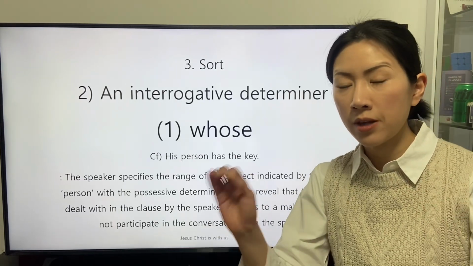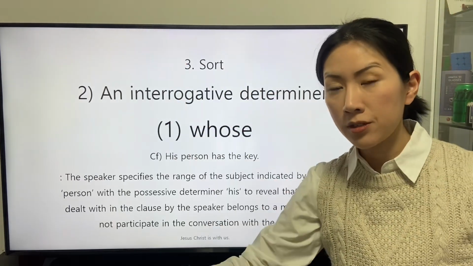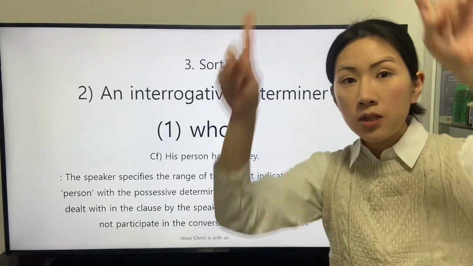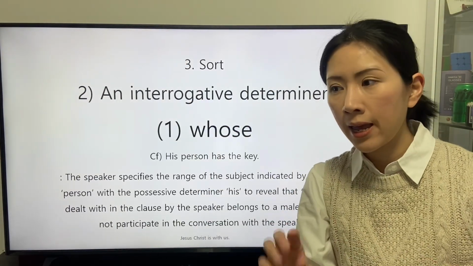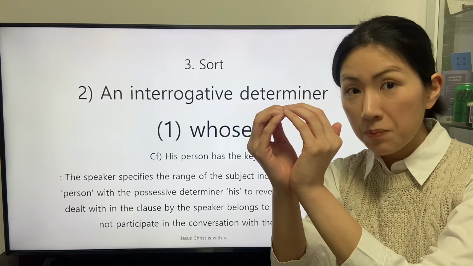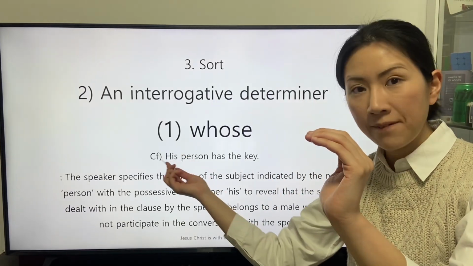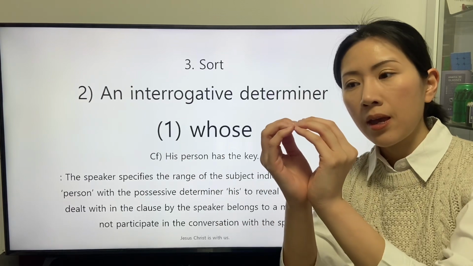So we can understand that the entire subject indicated by the general noun person is like this, and a part of the subject is specified with the possessive determiner his.